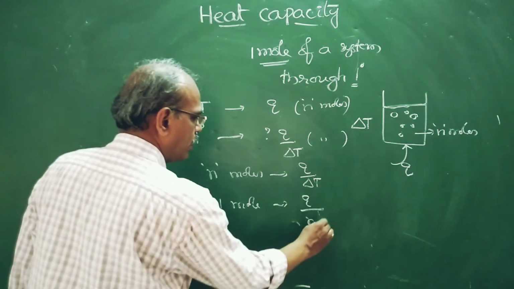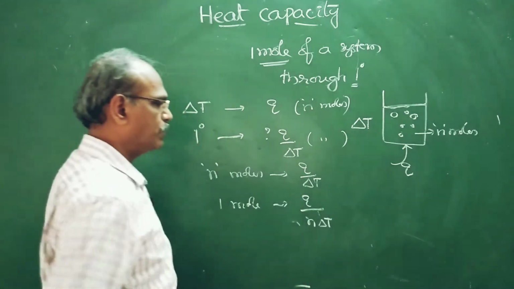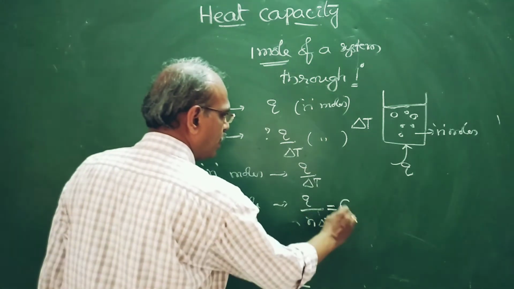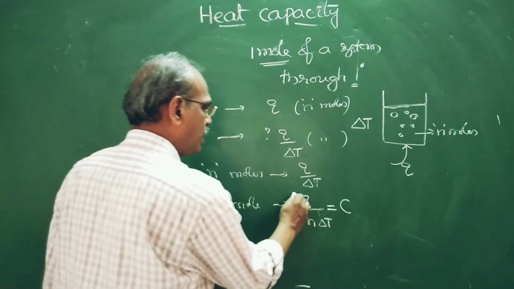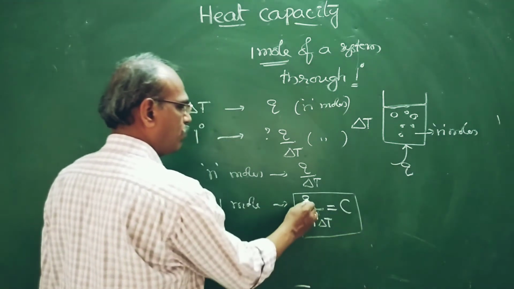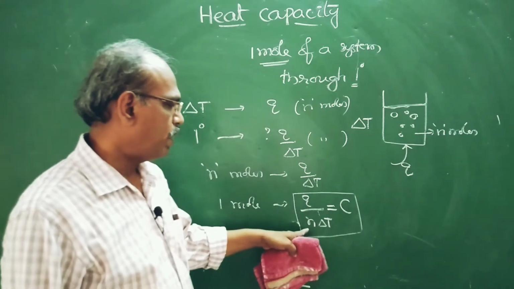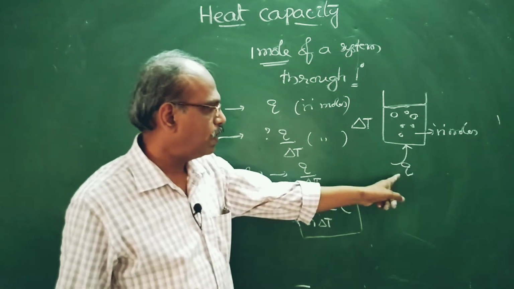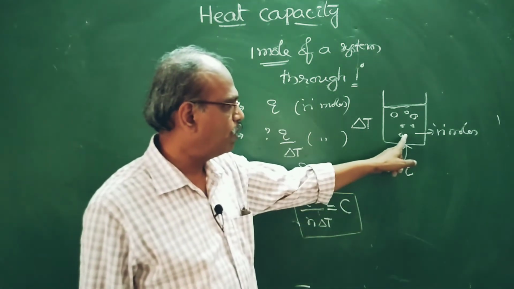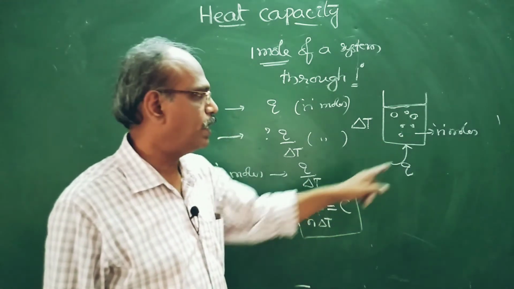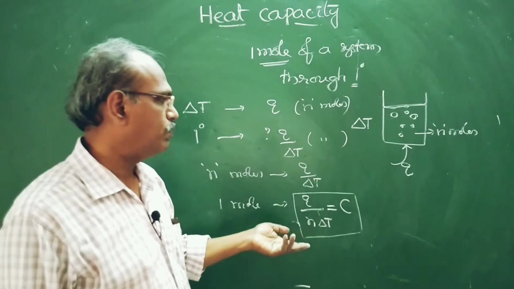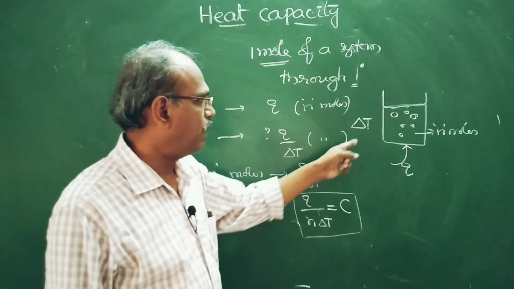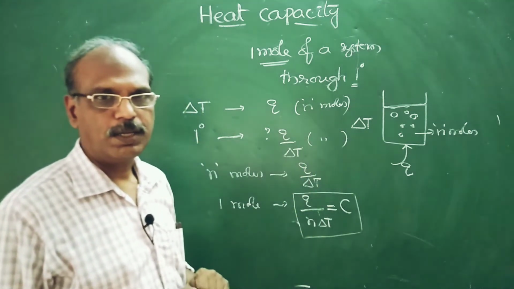Q by n delta T. This is nothing but heat capacity by definition. Heat capacity of a system is given by Q by n delta T, where Q is the amount of heat energy given to a system containing n moles and the increase in temperature is delta T.